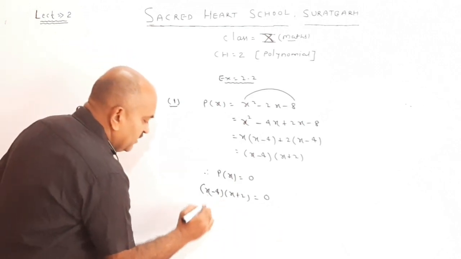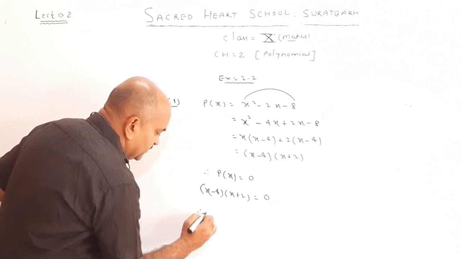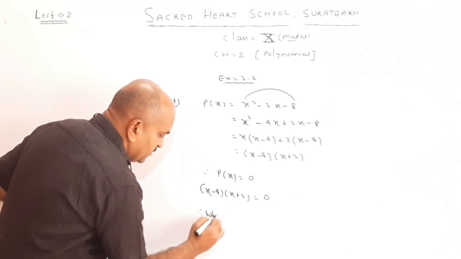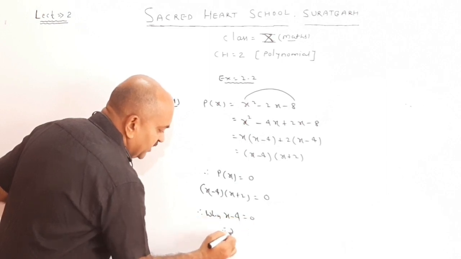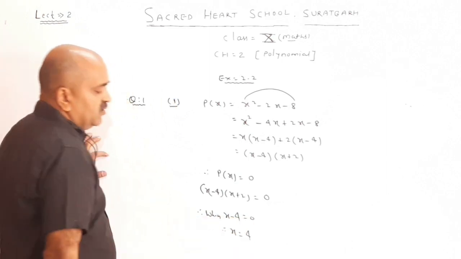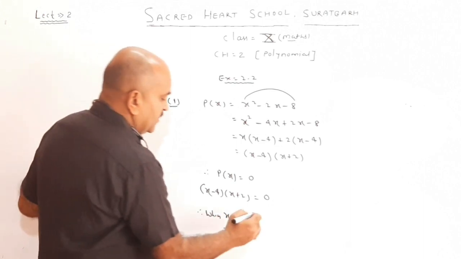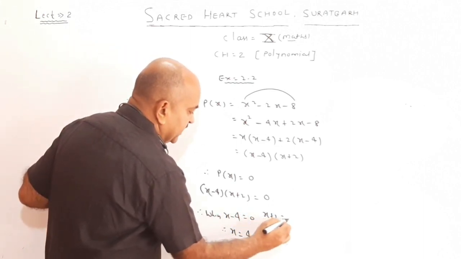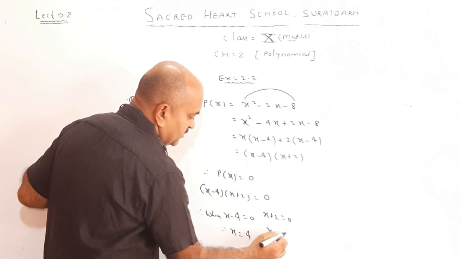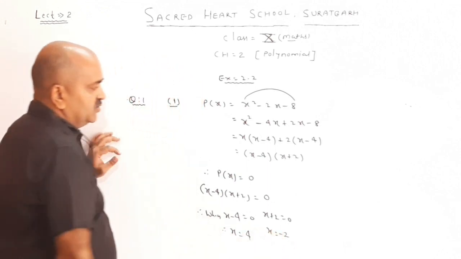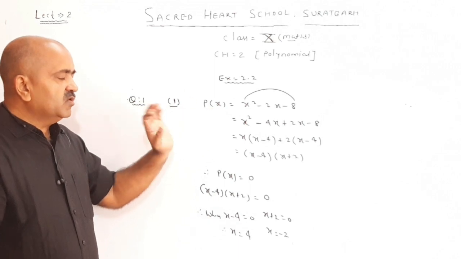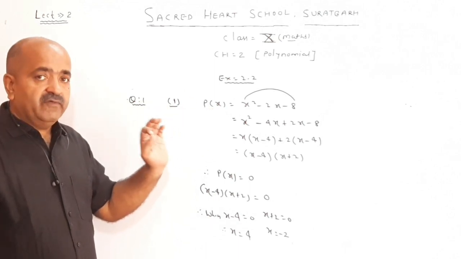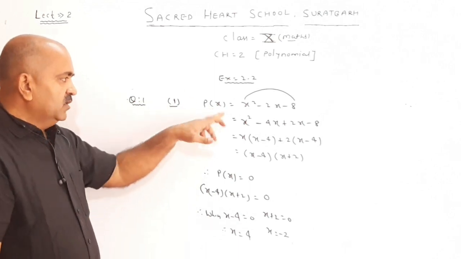So first we take when x minus 4 equals 0, therefore x equals plus 4. And when x plus 2 equals 0, then x equals minus 2. Yes, students, in this question there are 6 parts and every part is of this type.